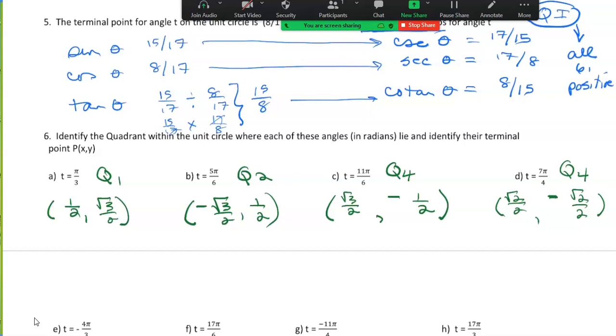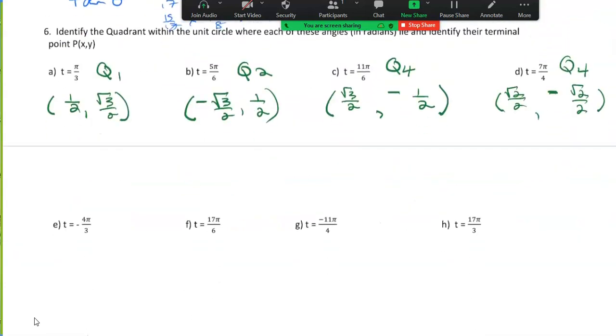Now, this time, these angles are not on your unit circle. So job 1, get it on your unit circle. The way you do that is you add a full circle. I have to add a full circle, which is 2 pi, but I have to be in thirds. So I'm going to add 6 pi over 3. That reduces to 2 pi, but it allows me to add 6 pi over 3 to negative 4 pi over 3 and get 2 pi over 3.